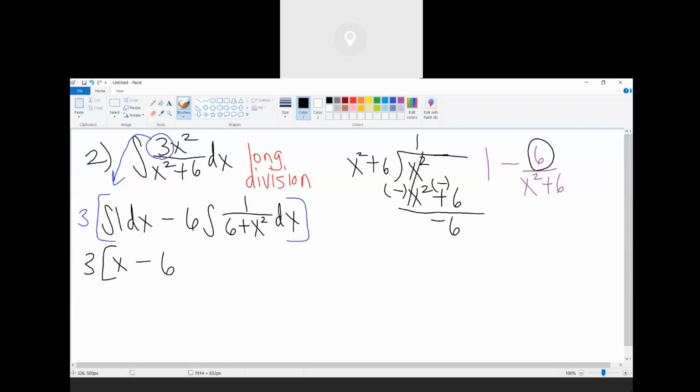And this particular form of the second integral is actually a formula. It is 1 over a inverse tangent of x over a, in which x is just x, that hasn't changed.